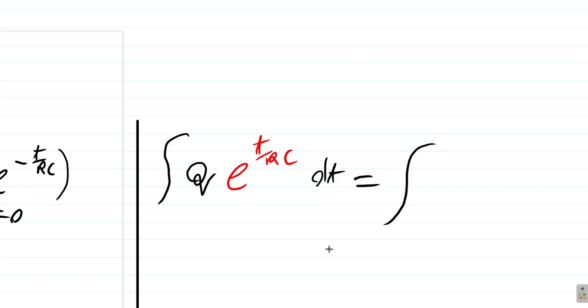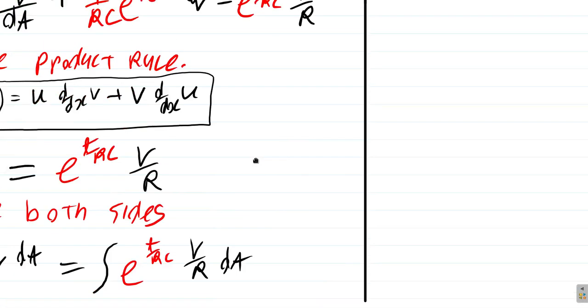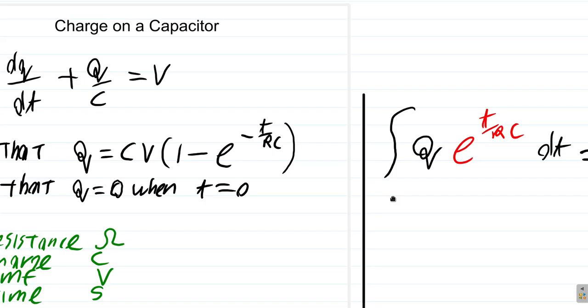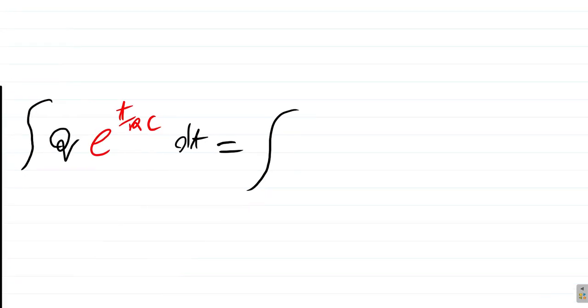This is equal to the integral of, what was it again? v over r times e to the t over rc dt. So it is v over r times e to the t over rc dt.